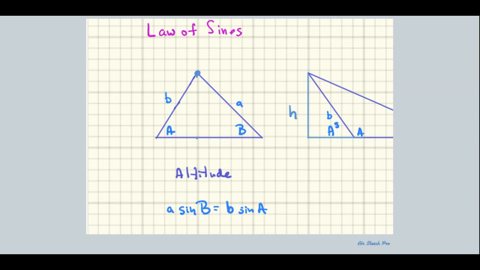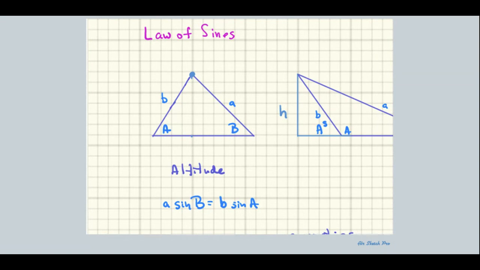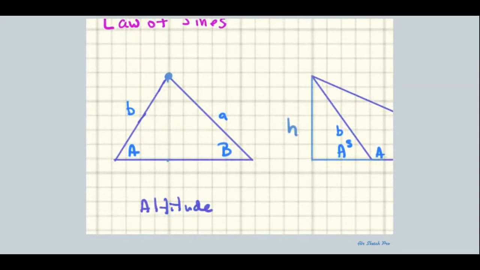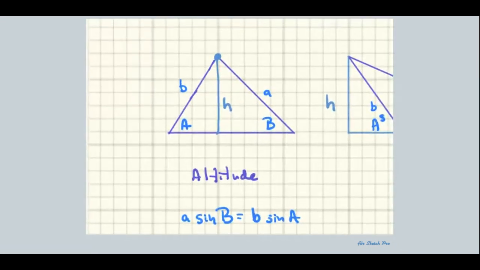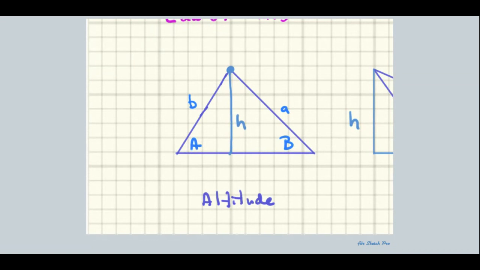From this general triangle, I can create right triangles just by dropping an altitude between them. I generally call the altitude h, and the idea here is that the altitude, if I look from the left right triangle, is going to be the same as the altitude looking at this right triangle.